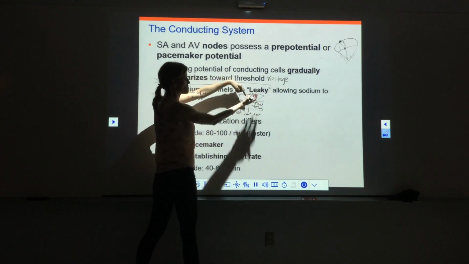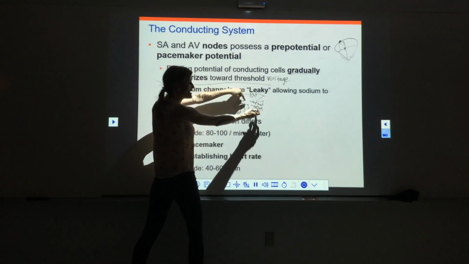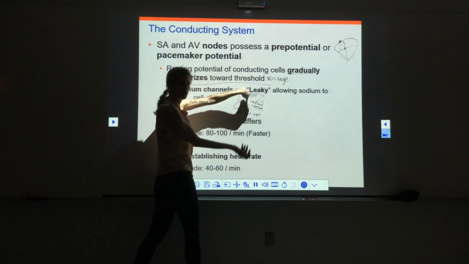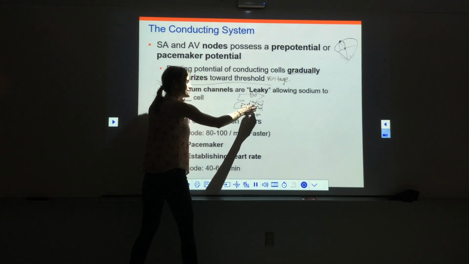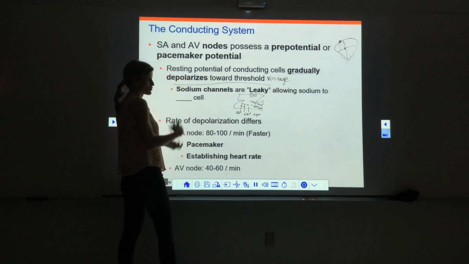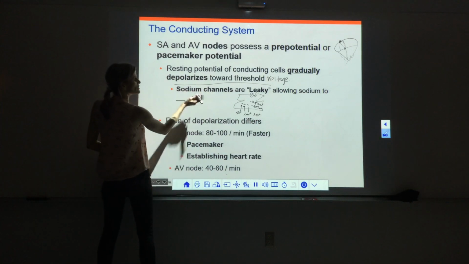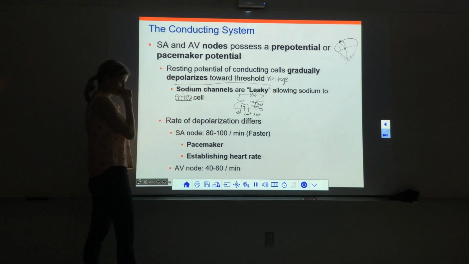Then I allow another 5, and now I'm at negative 45. That's not really the way it works, but as these positive charges leak in, they make this less and less polar. They gradually depolarize the cell to threshold because sodium enters the cell.